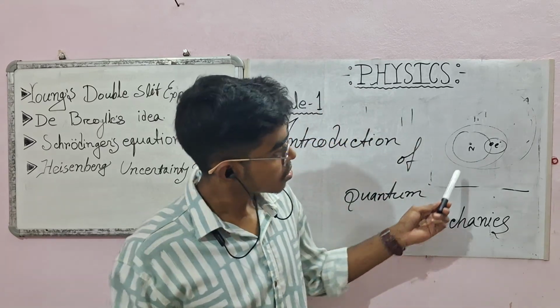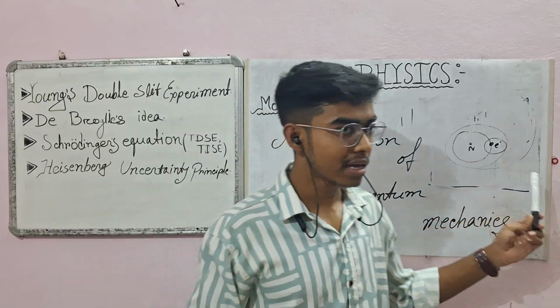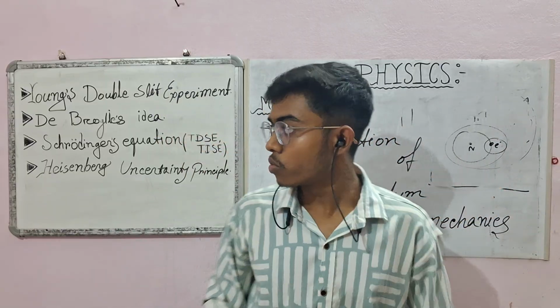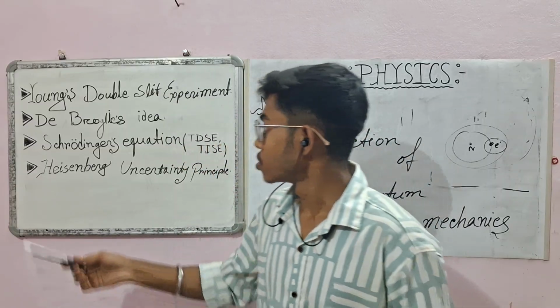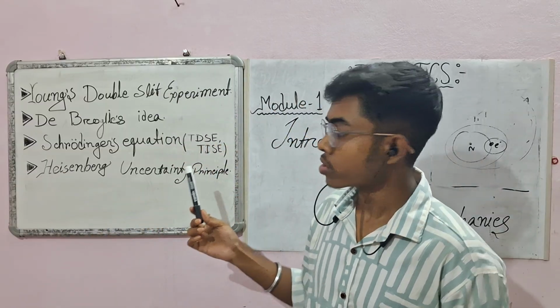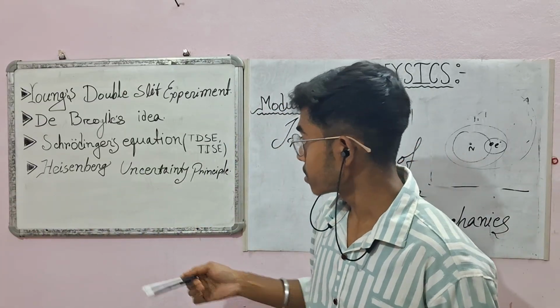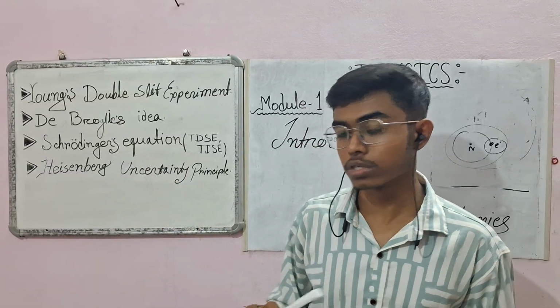So to find its position, its energy level, and its wave frequency, we need the boss of quantum mechanics, who is Schrödinger. This is very important for your examination. Schrödinger has two equations.